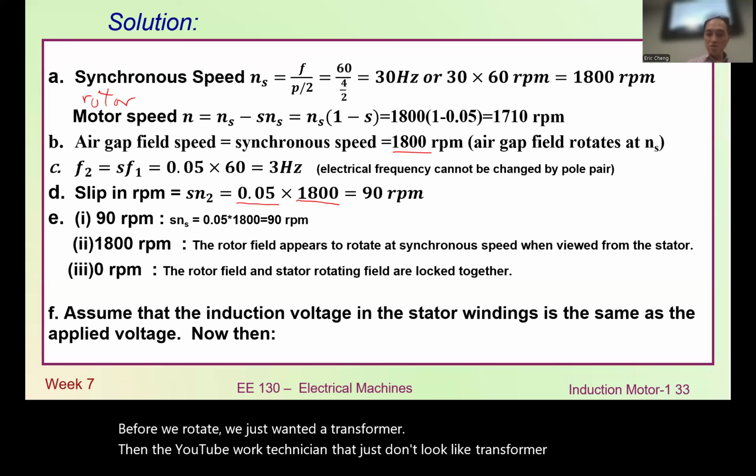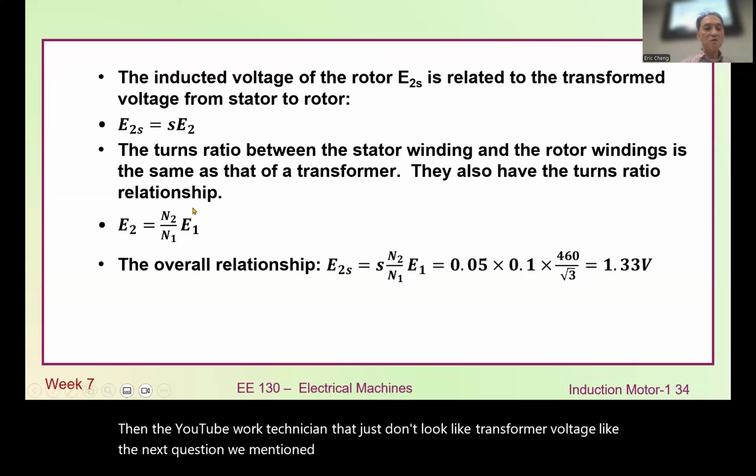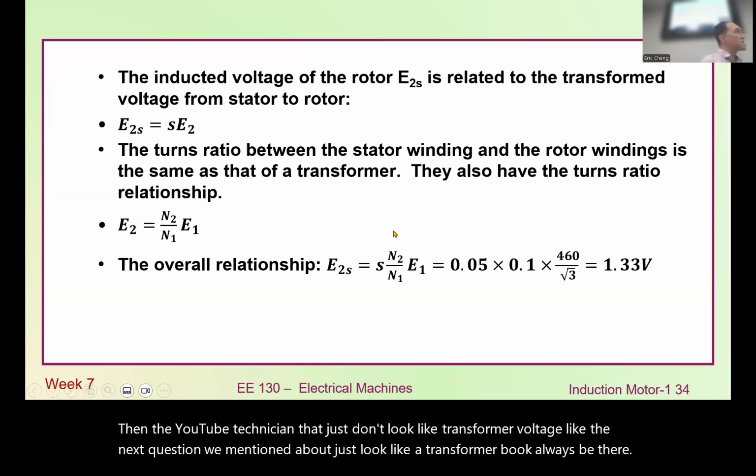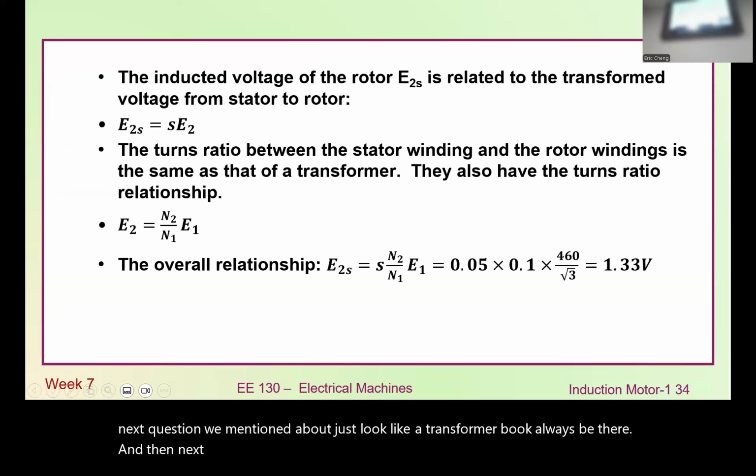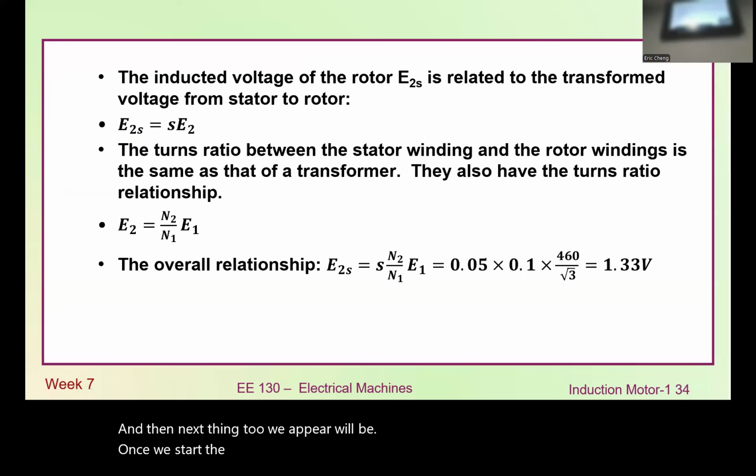The transformer voltage will always be there. The next thing to appear is, once we start to energize the stator, besides the voltage induced through the transformer correlation, the rotating field will induce the EMF on the rotor.